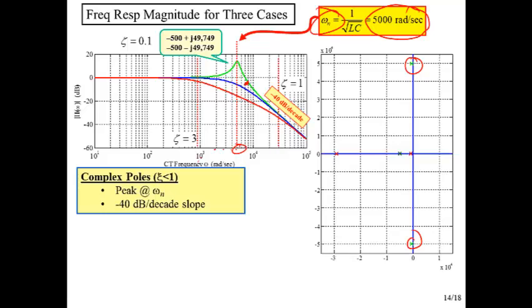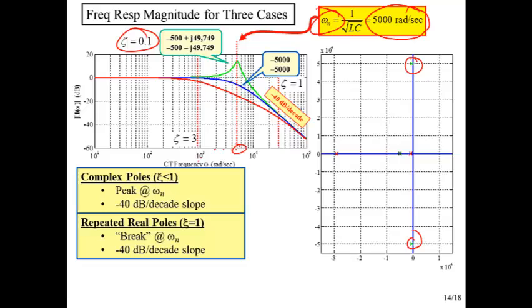And then the other thing that we see, and this is for a zeta equal to 0.1, so that's a pretty small damping factor, is that eventually, once this thing gets out a ways, it does turn back into a straight line on the dB log scale plot, and its slope is minus 40 dB per decade. Remember, for the RC low-pass filter, we had only minus 20 dB per decade.